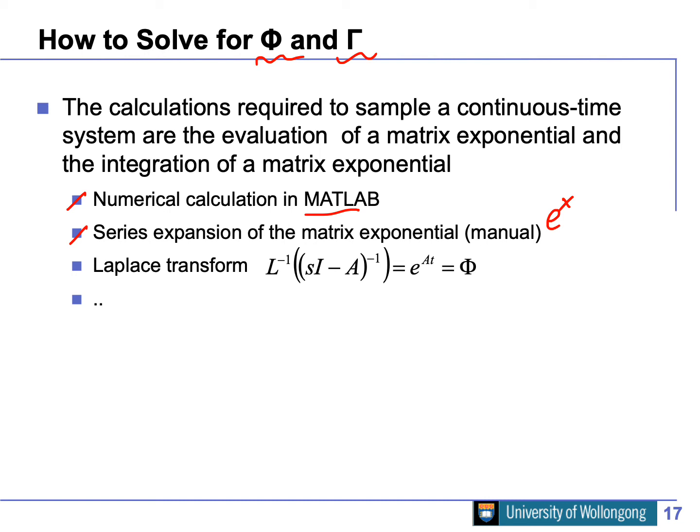The third method is using the inverse Laplace transform, because we know the definition of phi is equal to e^(At). So we just do the Laplace transform with that, then we can go back towards what this is. So we just calculate everything in there. That's the way to go.